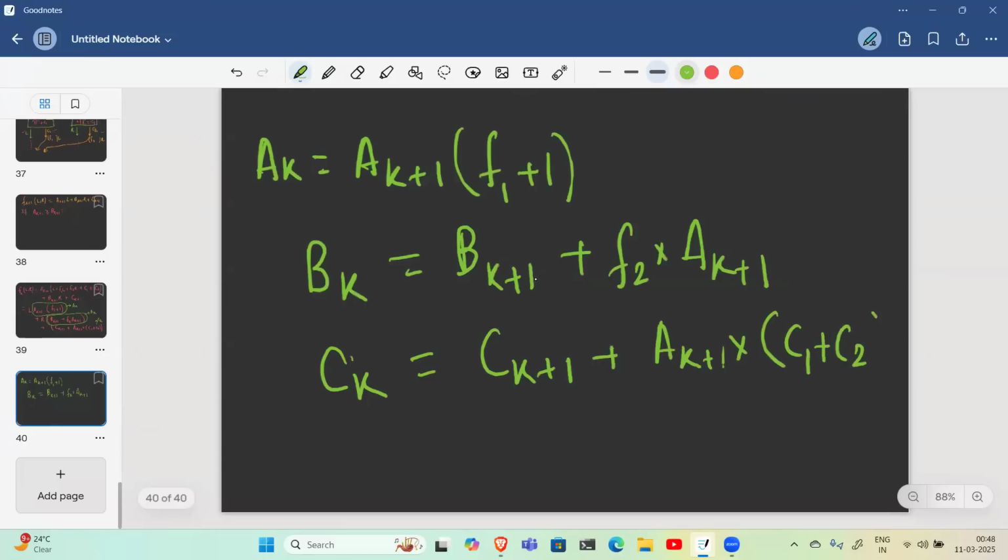So I hope you got the idea. I knew the values for a_{k+1}, b_{k+1} and c_{k+1}. I used them to find the values for a_k, b_k and c_k.